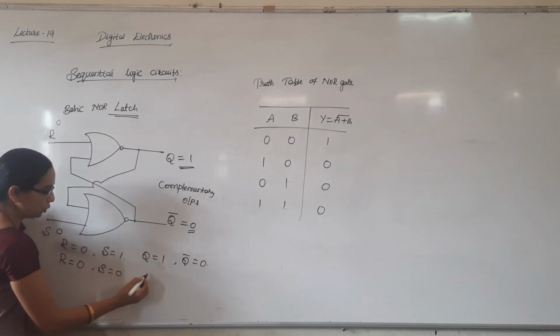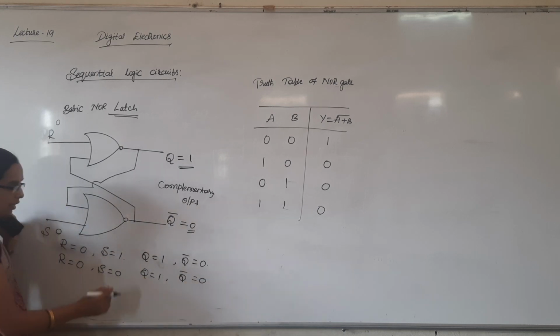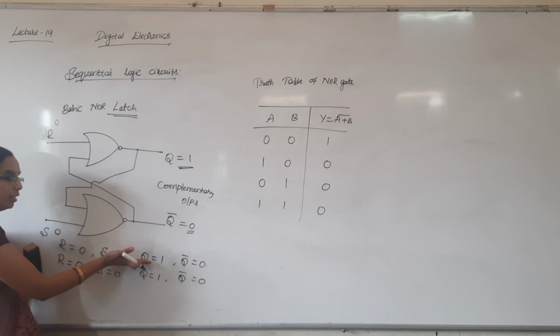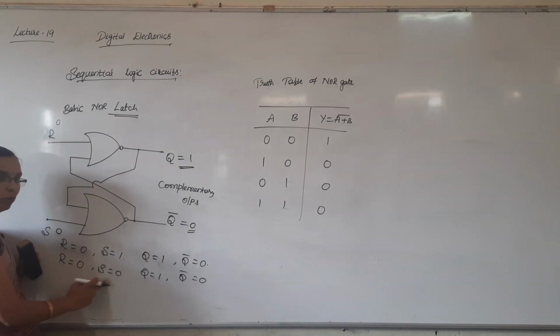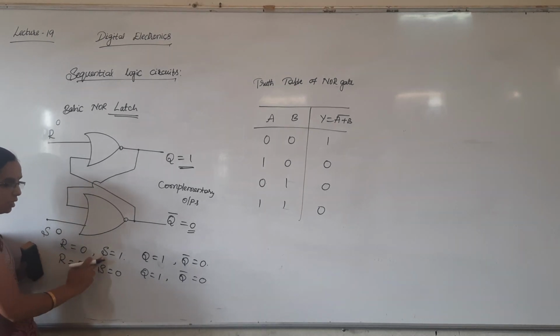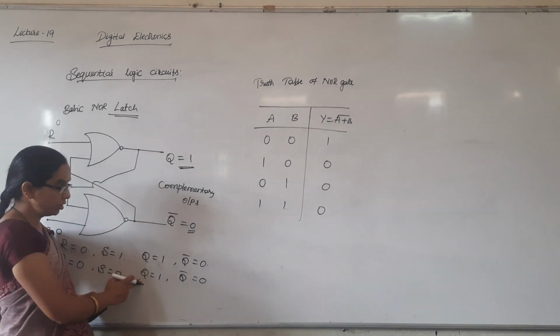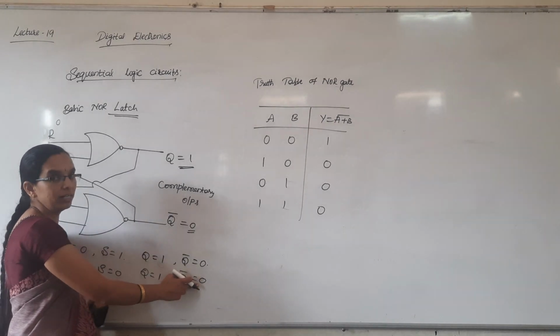What happened? Q is equal to 1 only, Q bar is equal to 0 only. That means it retained the previous state. When I made both 0, first R was 0 and S was 1, then I made S equal to 0, and the output Q remained at 1 and Q bar remained at 0.